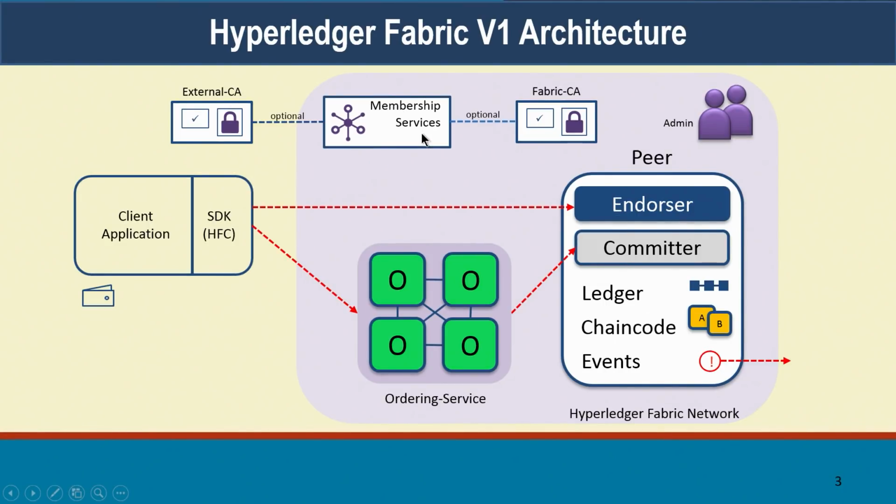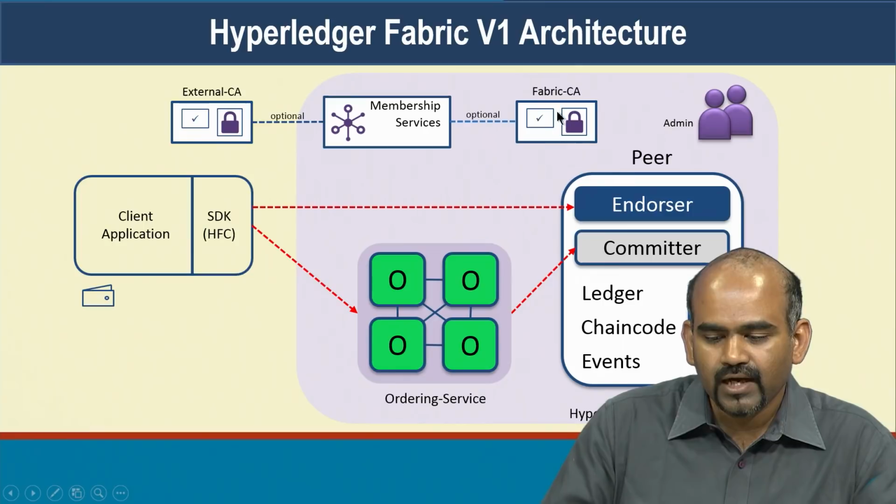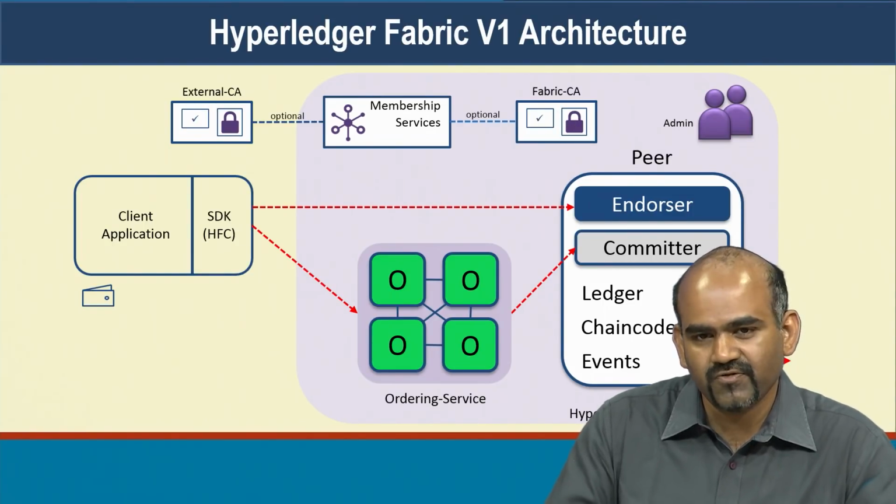Now, where did this certificate come from? It comes from a traditional certificate authority. Fabric implements a certificate authority. This is the Fabric CA, and this certificate authority is optional. All it does is issue the certificate. So you go to the certificate authority and say, okay, I am Praveen Jayachandran, give me a certificate, and it will then issue the certificate saying this public key belongs to Praveen Jayachandran.